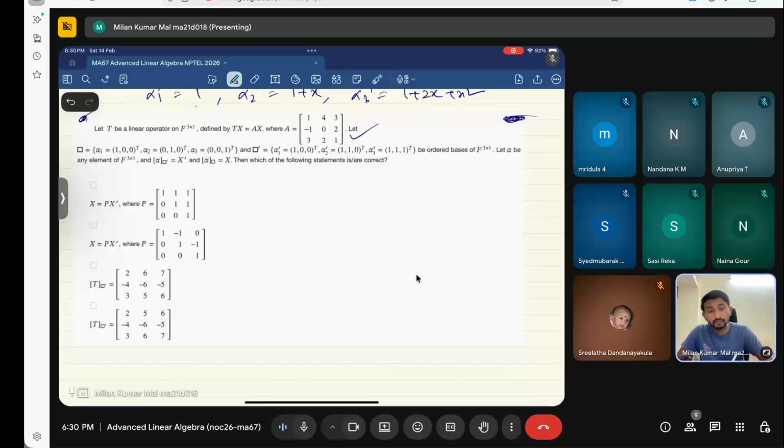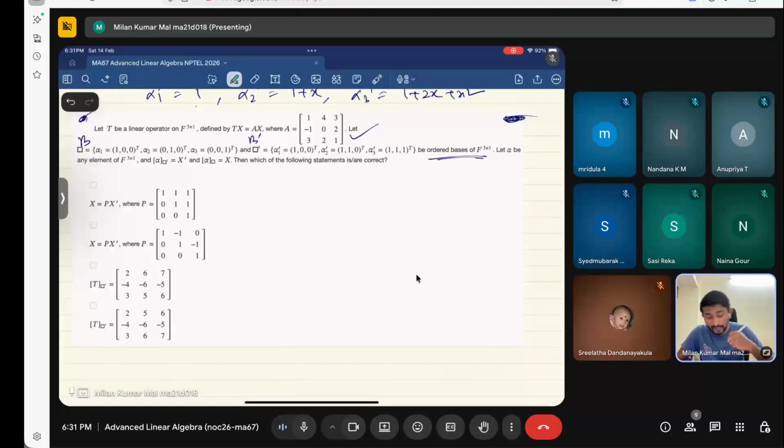But here we are giving something new, that I will denote by B and this by B dash. Let beta be alpha 1 equals 1 0 0, alpha 2 equals 0 1 0, alpha 3 equals 0 0 1, all of them column vectors, and beta dash consists of three vectors, 1 0 0, 1 1 0, 1 1 1, an ordered basis of F3.